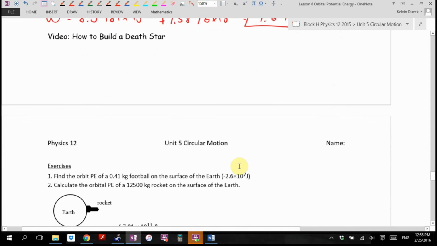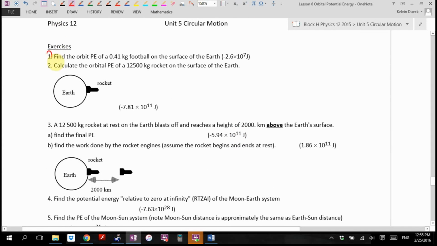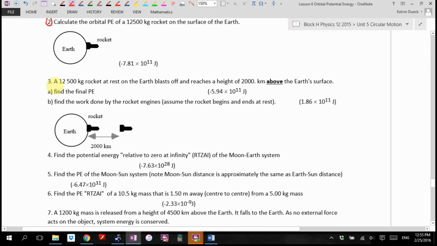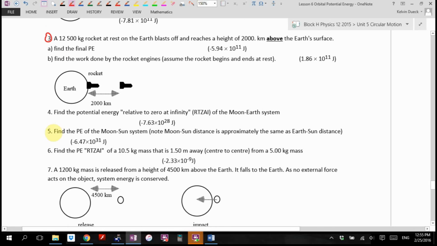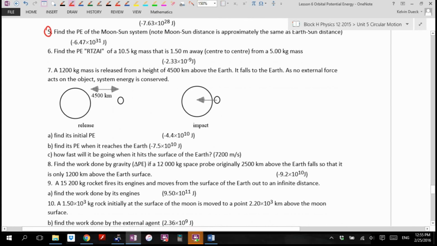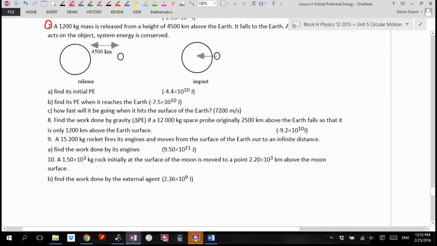What's your homework? So we saw the video, how to build a Death Star, last day. Number 1, number 2. I have one, but patience. 1, 2, 3. Skip 4, 5. Skip 6. 7. 9 is good.